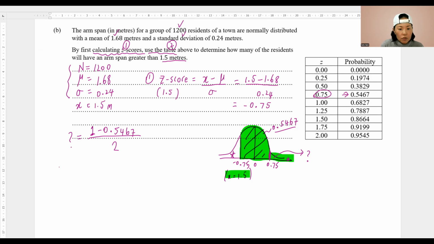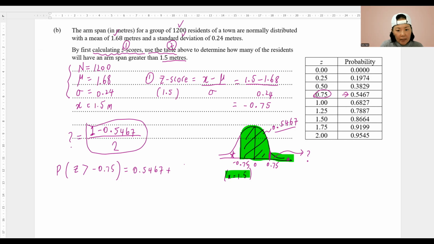So what I'm going to do is, the probability that z-score is bigger than negative 0.75, which means we are getting the probability or area of arm span greater than 1.5 meters. I'm going to do 0.5467 plus, that's this part, the big chunk of it, plus the end bit, which is this one.